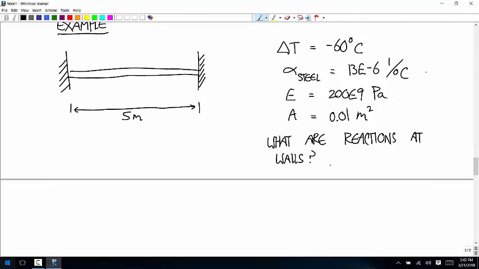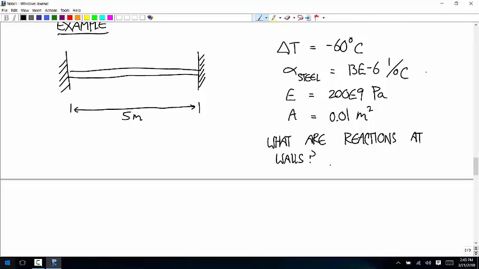Okay, so the idea here is that at the initial temperature, before you change the temperature, if we're ignoring the weight, there's no significant reaction load required at each one of those two walls. Okay, but when you change the temperature, this wants to shrink.